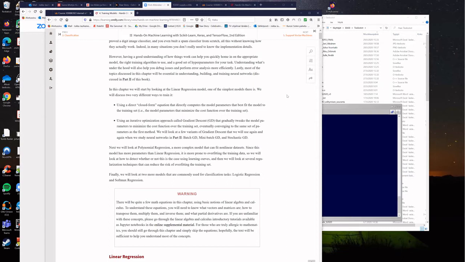And then there are iterative approaches like gradient descent, where you gradually go in the minimum direction of the model parameters to minimize the cost function.